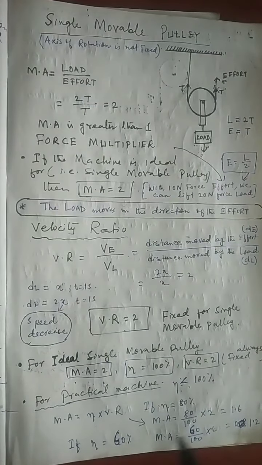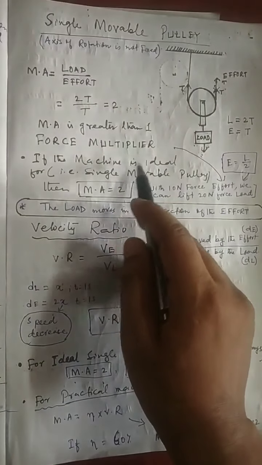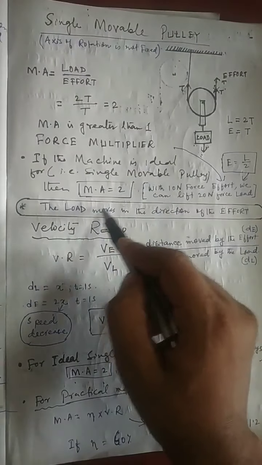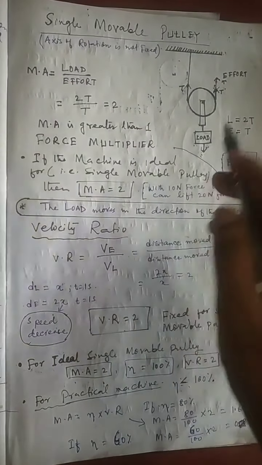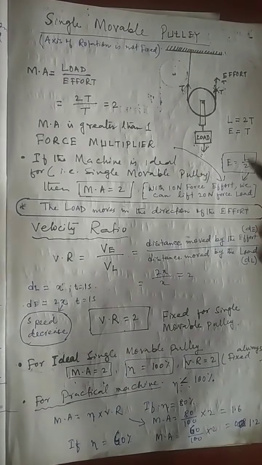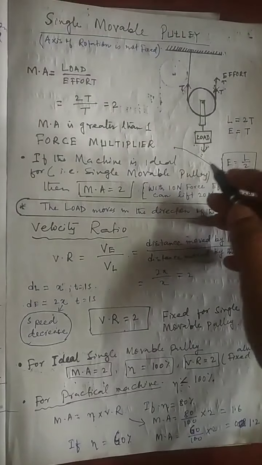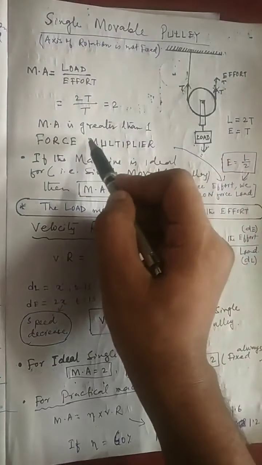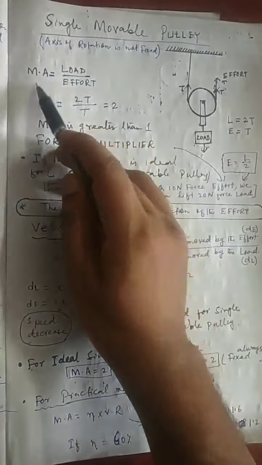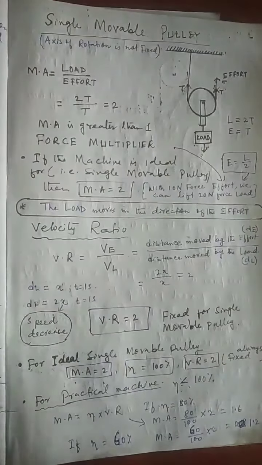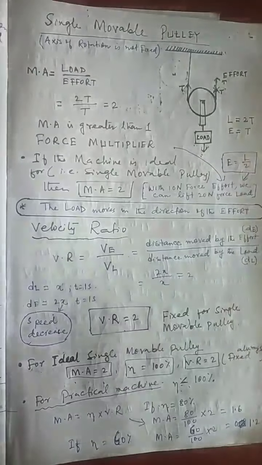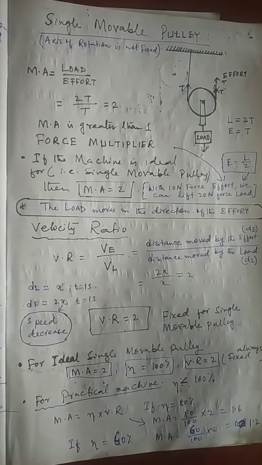If the mechanical advantage is ideal, then the efficiency of the pulley will be 100%. The single movable pulley mechanical advantage is 2. This is the ideal condition. At the ideal condition, the mechanical advantage will be 2, and the efficiency will be 100%.